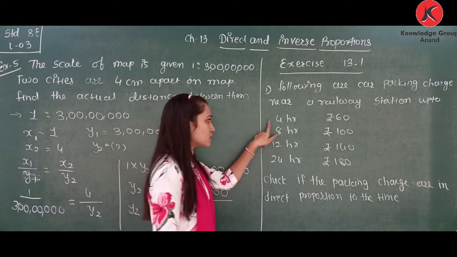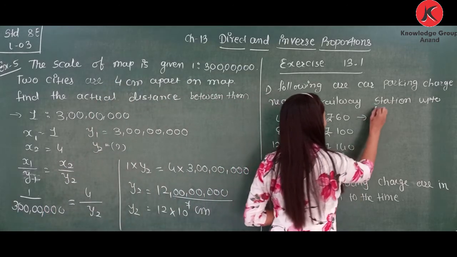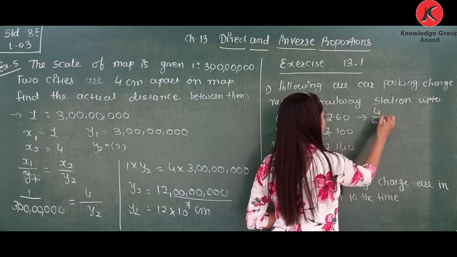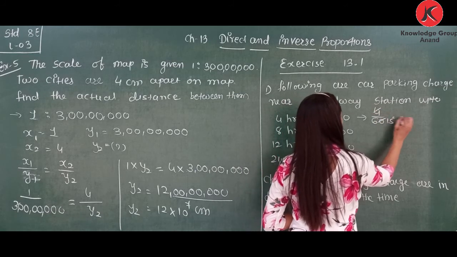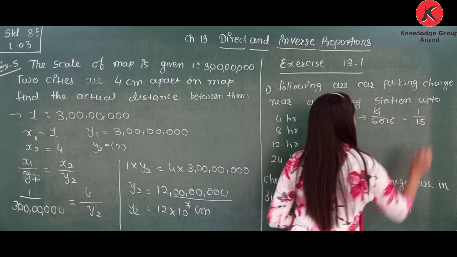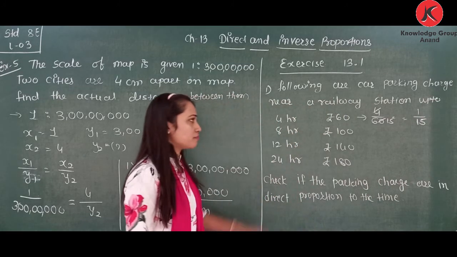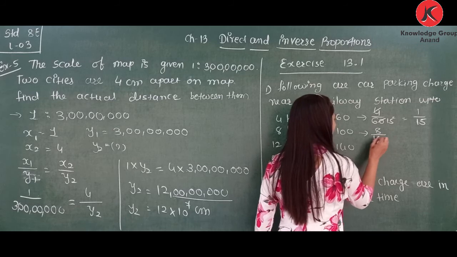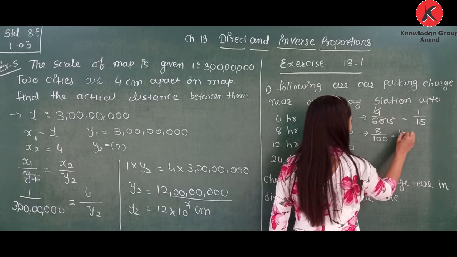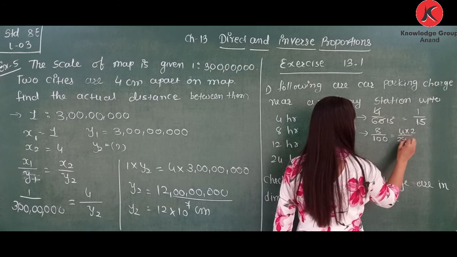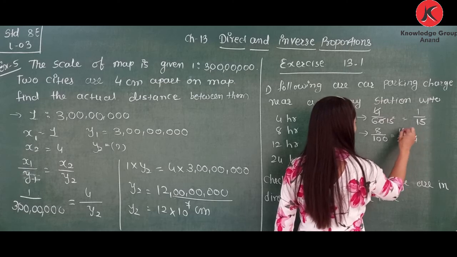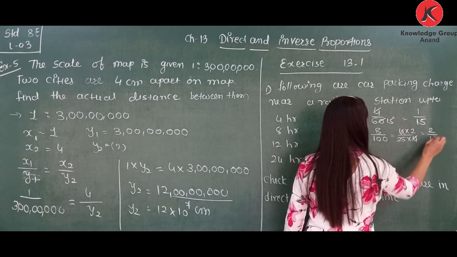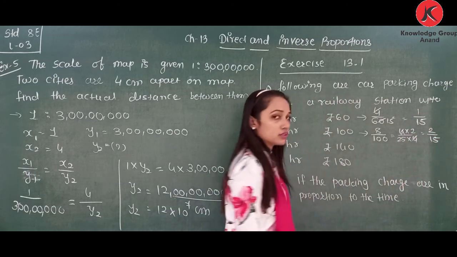So let's find the first ratio. It is 4 by 60. So it is 1 by 15. The ratio for the first one is 1 by 15. For the second, 8 by 100, so 4 to the 8, it is 2 by 25. So the ratios are different.